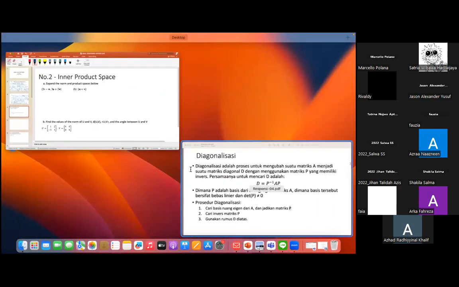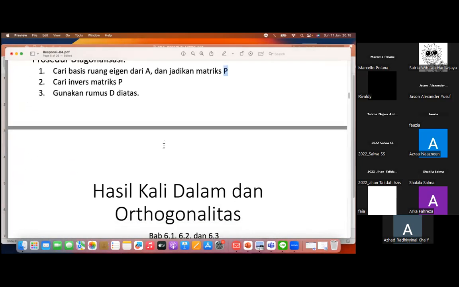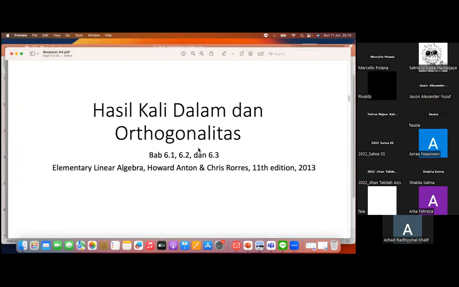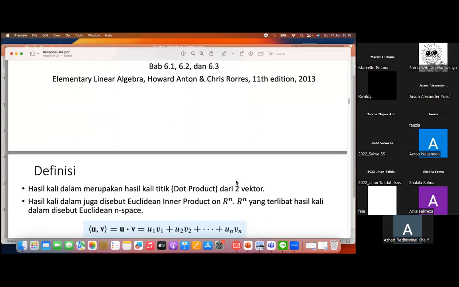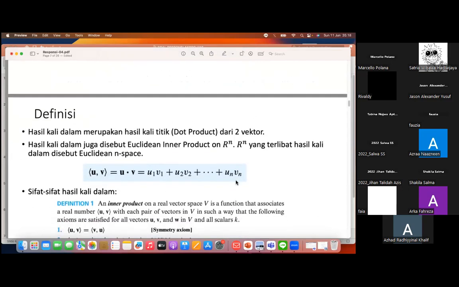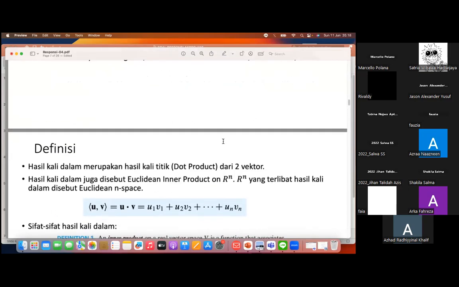So next, we're going to move on to the next chapter, which is inner product spaces and orthogonality. So for the definition, generally speaking, your inner product is the dot product of two vectors.